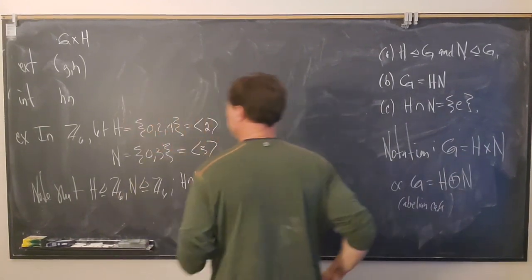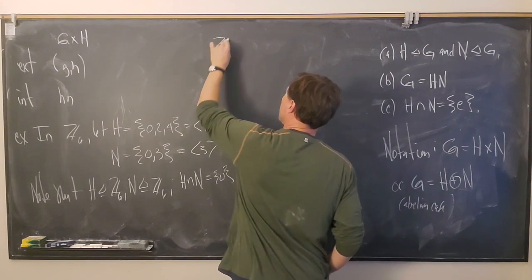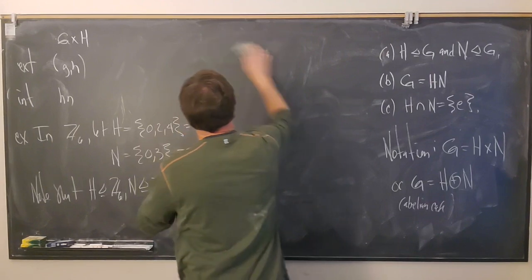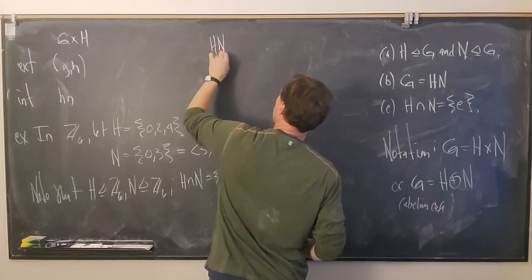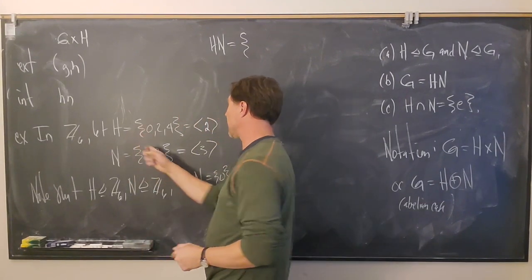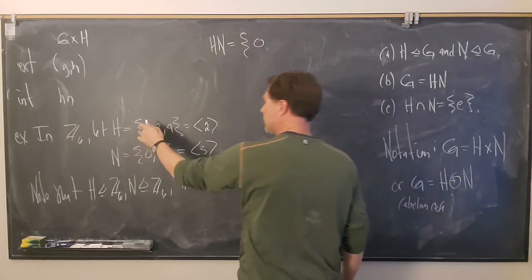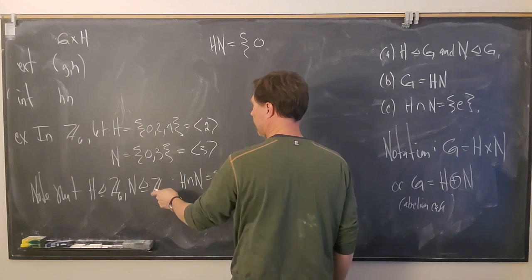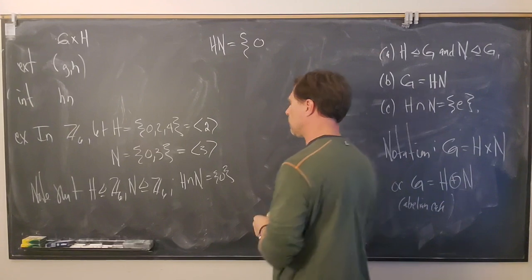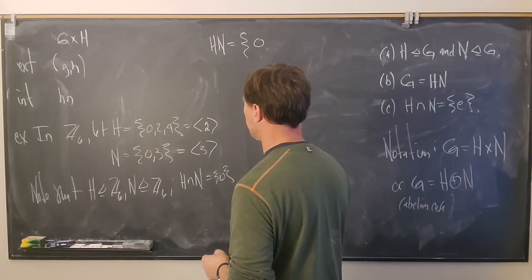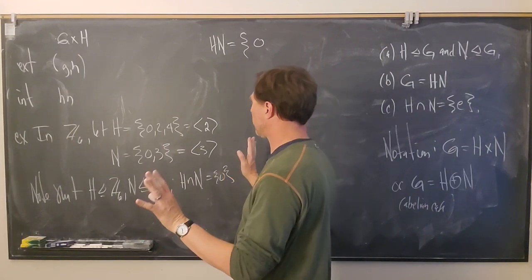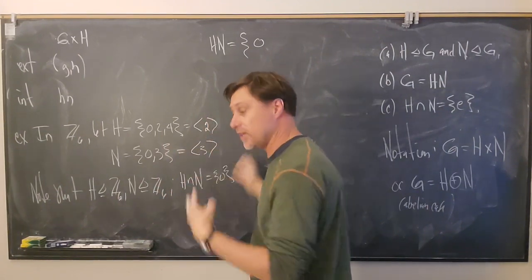And so, you can check. Let's write it out like this. HN is going to be all possible products that you can form. So let's do this quickly. 0 times 0 is 0. 0 times 3 is 0. 2 times 0 is 0. 2 times 3 is... Wait, what am I doing? Sorry, I just started multiplying. I should be adding. The operation is addition mod 6.